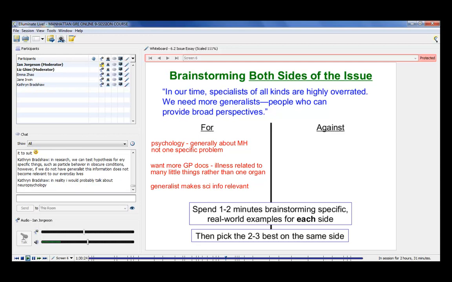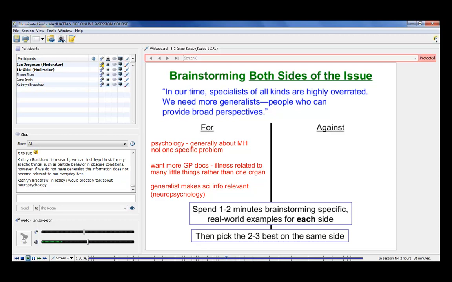Okay, neuropsychology. Yeah, all right, I'll buy that. I don't know a lot about neuropsychology, but I think I see where you're going with this. Point is, I'm not willing to talk about psychology unless I know how to make it relevant and specific. Okay, good job.